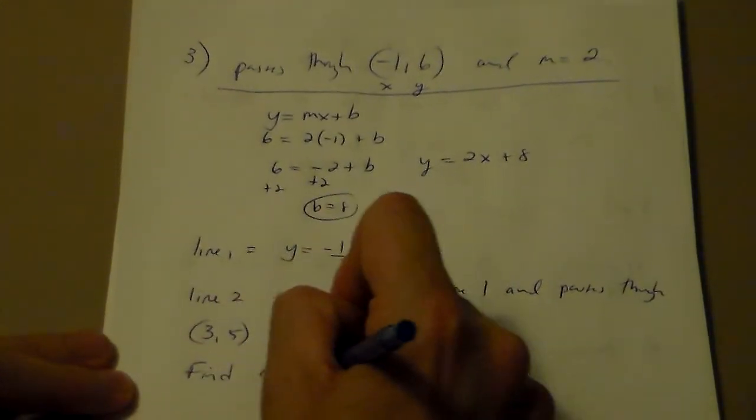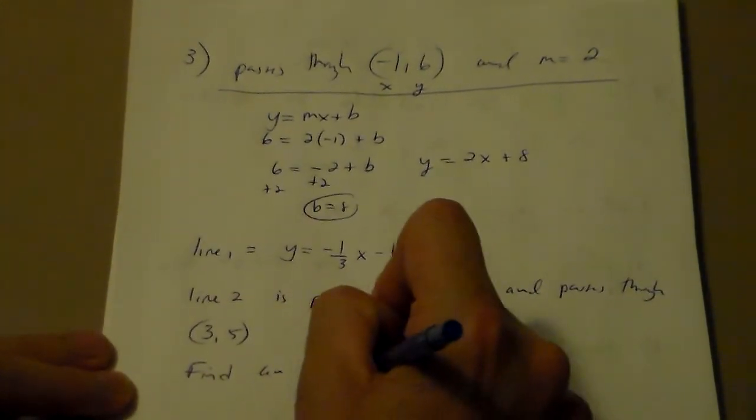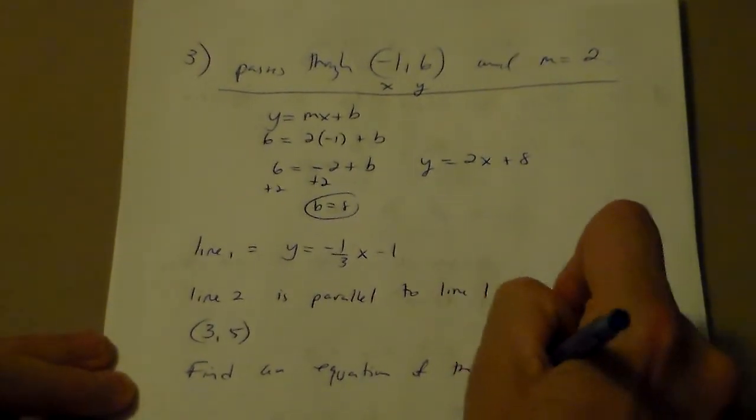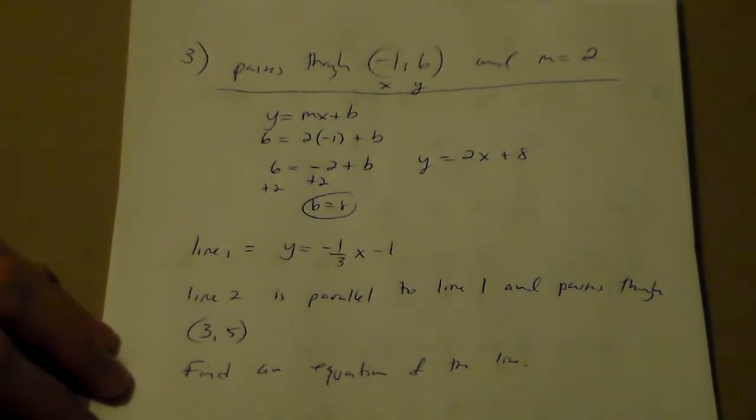Find an equation of the line. Okay, so line 1 is y equals -1/3 x minus 1. Line 2 is parallel to line 1 and passes through (3, 5).